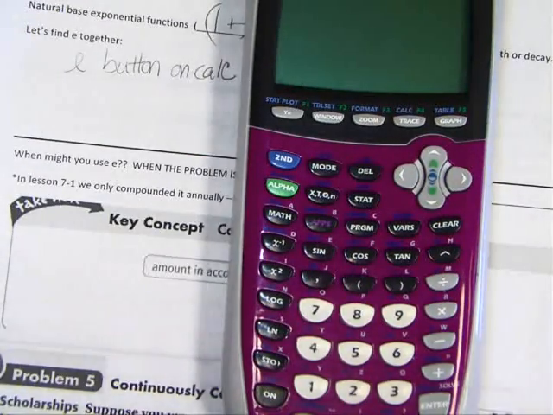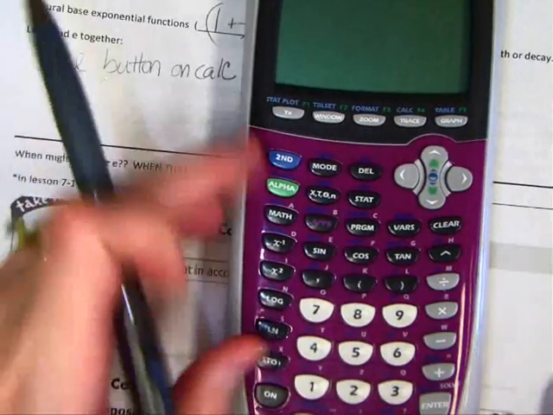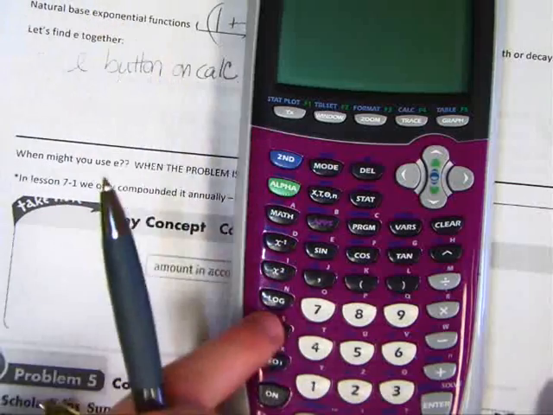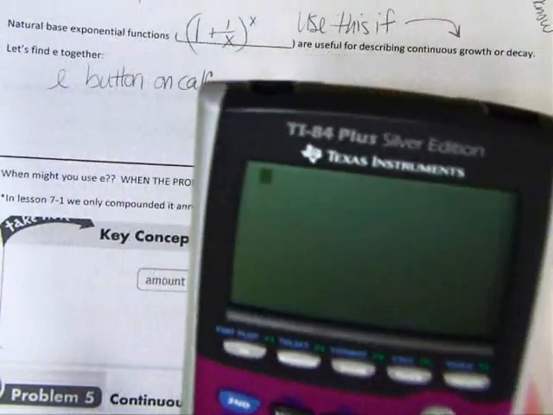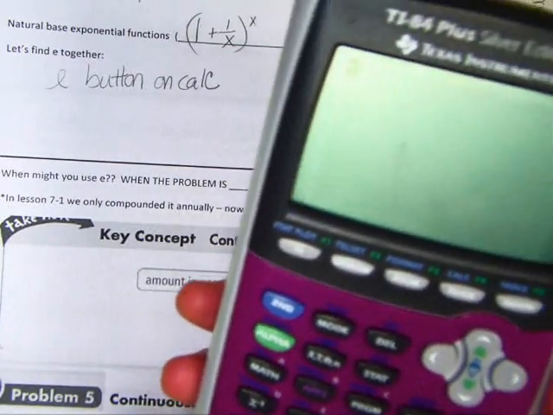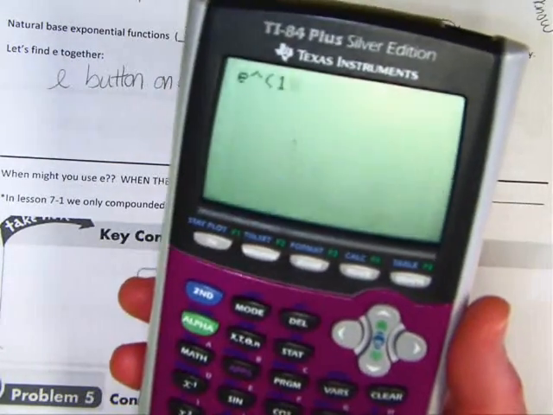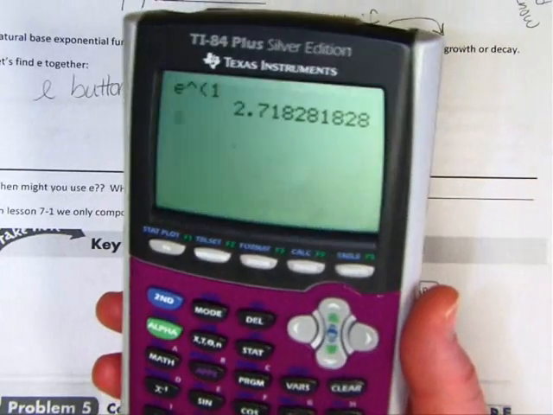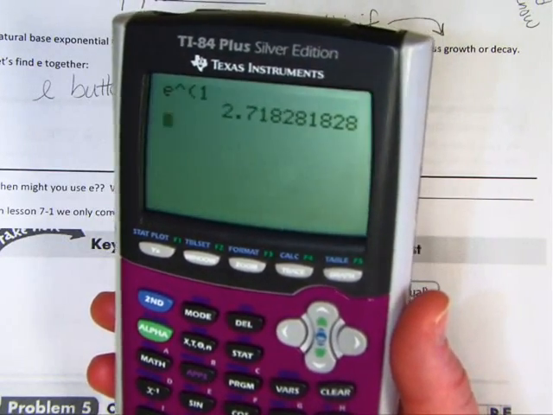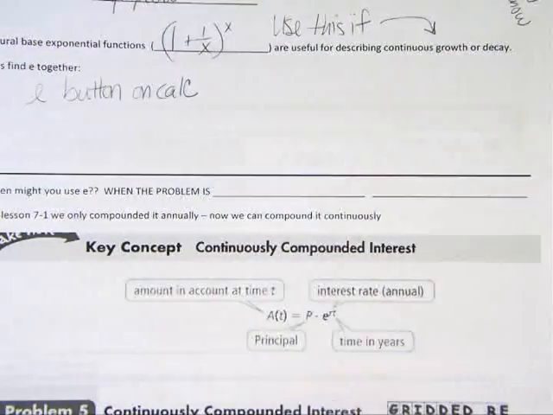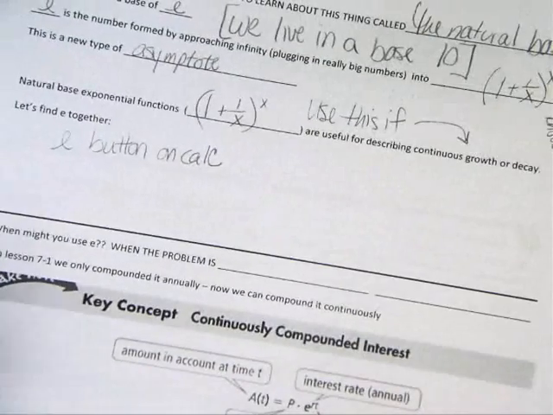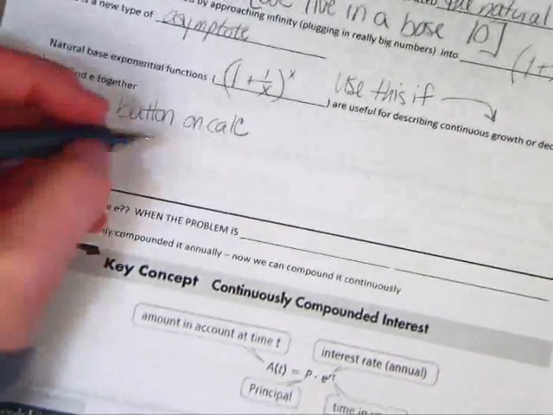By the way, ln stands for natural log, and this is the natural base. If I hit second ln, I have to type in a 1 for the exponent. That is the value of e, 2.7182, and it goes on, just like pi goes on forever, e goes on forever.